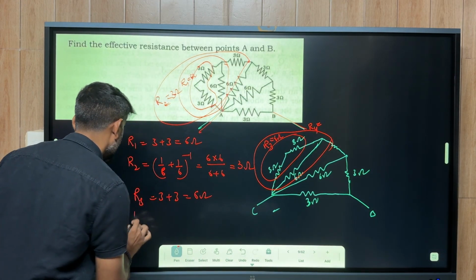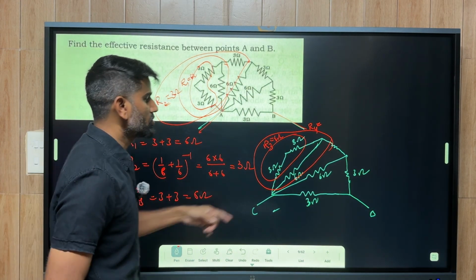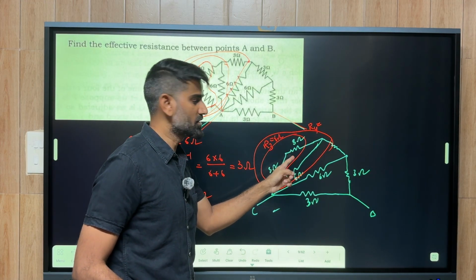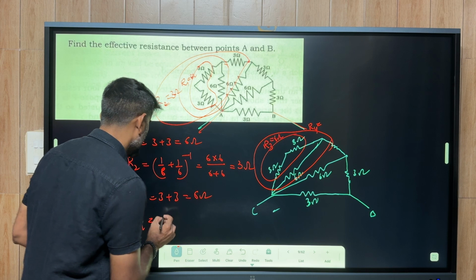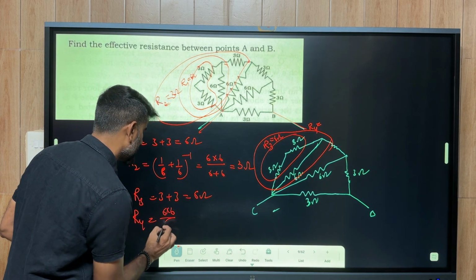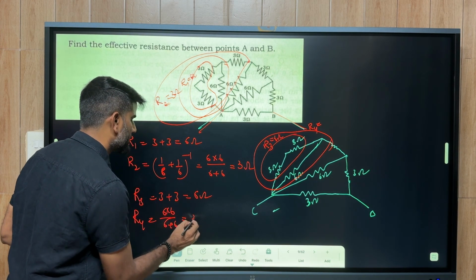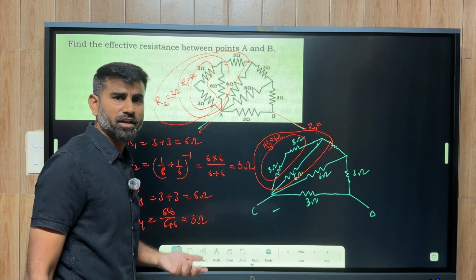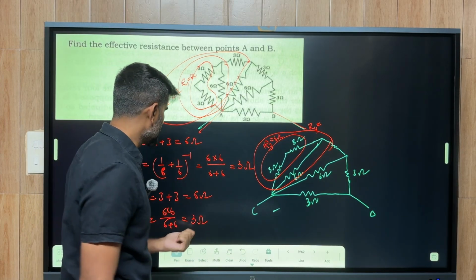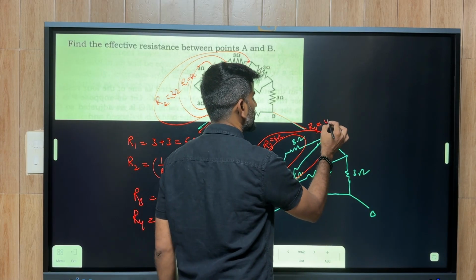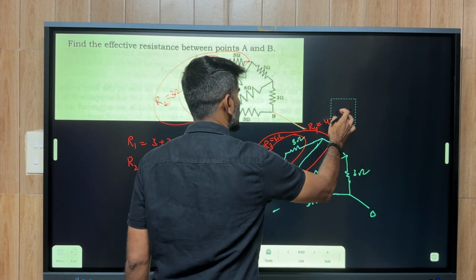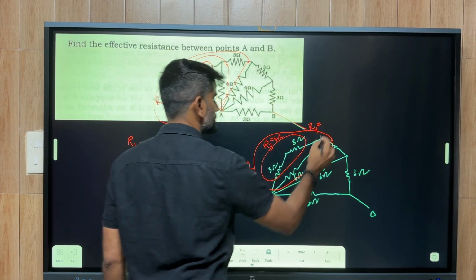What is R4? R4 is equal to R1 R2 by R1 plus R2, as the resistances of these two resistors are the same, 6 and 6. So 6 into 6 by 6 plus 6, again 3 ohms. Or else you can directly use the formula R by N, which is 6 by 2, which is 3 ohms. So R4 is equal to 3 ohms.